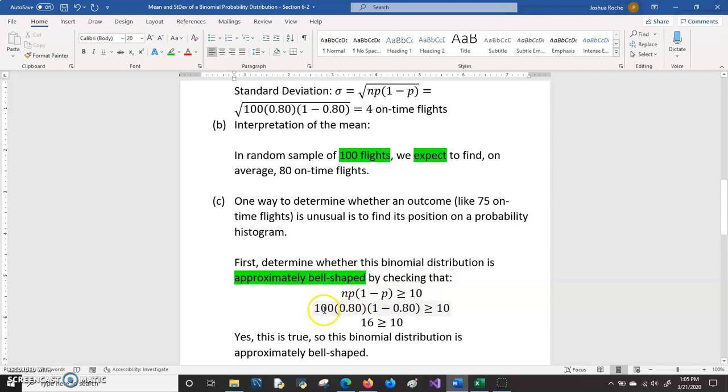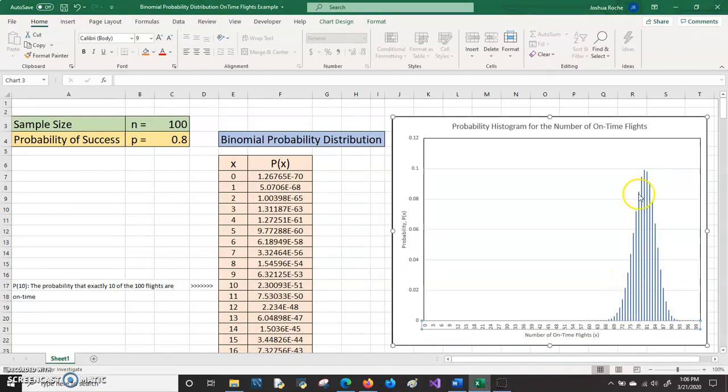So I'll plug in those numbers, 100 times 0.80 times 1 minus 0.80. It comes out to 16, and yes, that is more than 10. So because that's more than 10, this distribution is approximately bell-shaped. It's not a perfect bell shape, but it's very close.